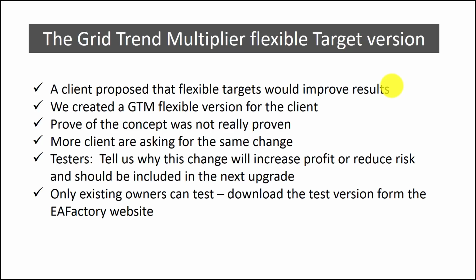Now, in this particular case, the testers can only come from existing owners of that particular EA. We don't make an existing EA that is going to be upgraded available to our testers in general. Only owners can test that particular one, and the test version can be downloaded from the EA Factory website, but you can also go to the forum where you will find more details about the testing of this particular approach.